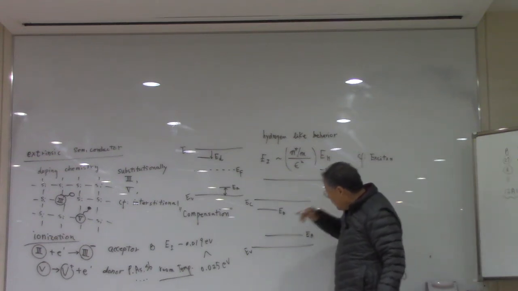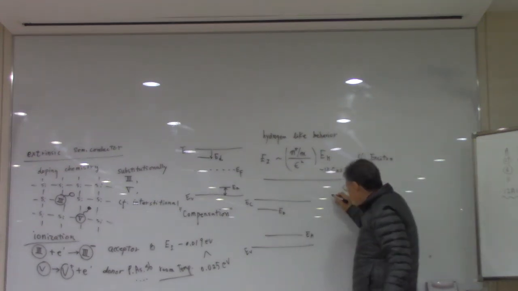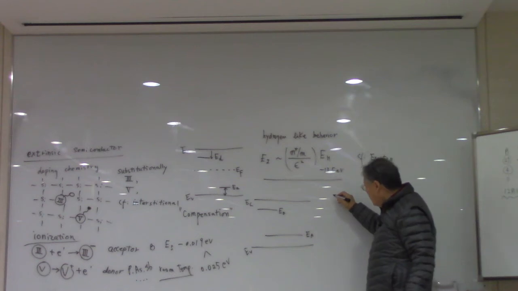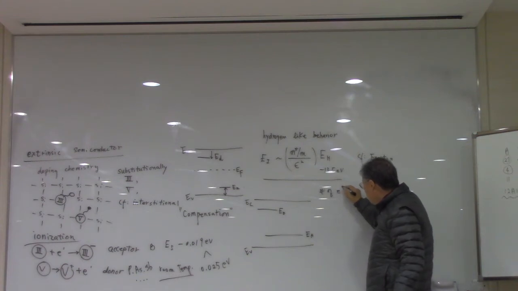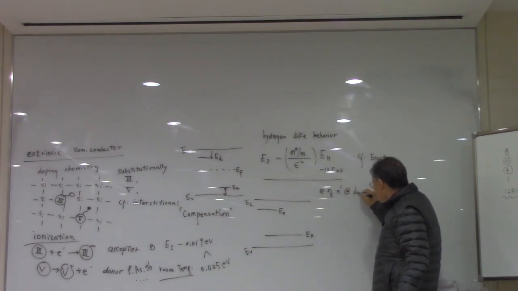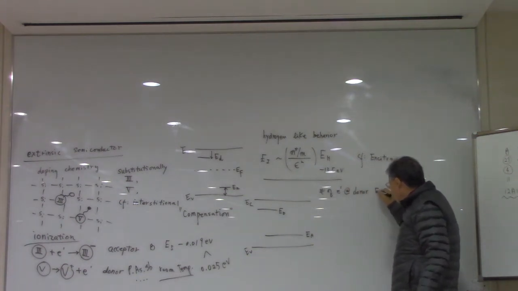Let's say the number of electrons at the donor levels, the number of electrons at the donor energy.